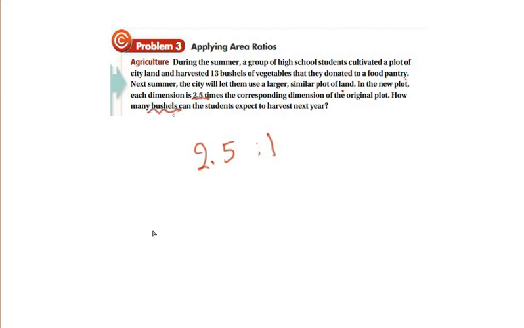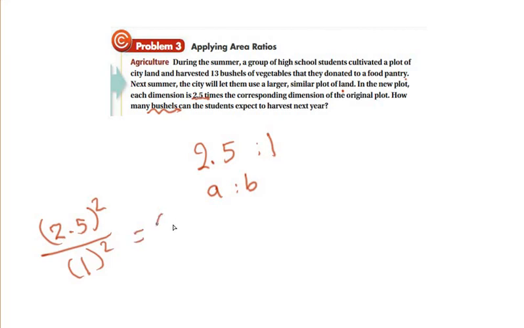How many bushels? Now, the ratio of their dimensions, or the ratio of A to B, is 2.5 to 1. Then the ratio of the areas is 2.5 squared to 1 squared.